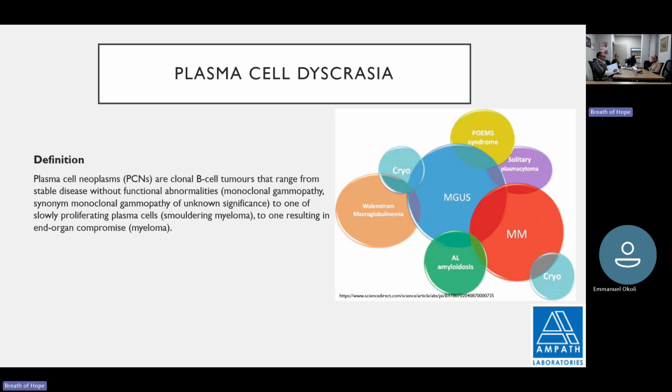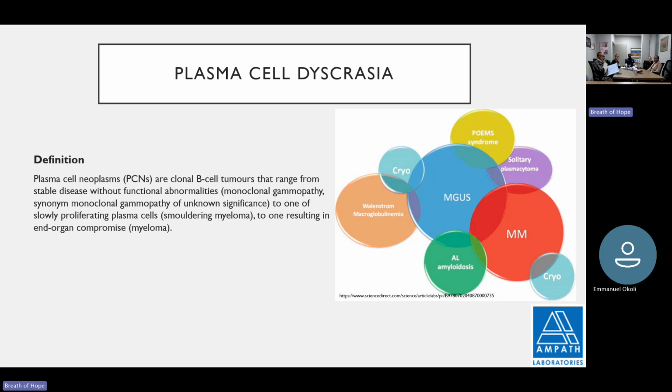So what is plasma cell dyscrasia? Plasma cell neoplasms are clonal B-cell tumors that range from a stable disease without any functional abnormalities, and that's what you call your MGUS. And they slowly proliferate, gaining abnormal molecular mutations, developing into full-blown symptomatic multiple myeloma.